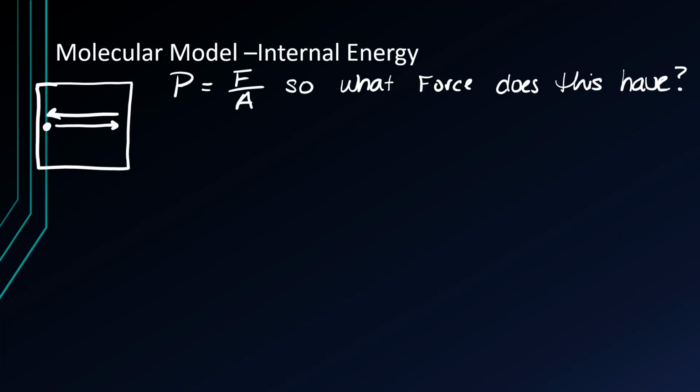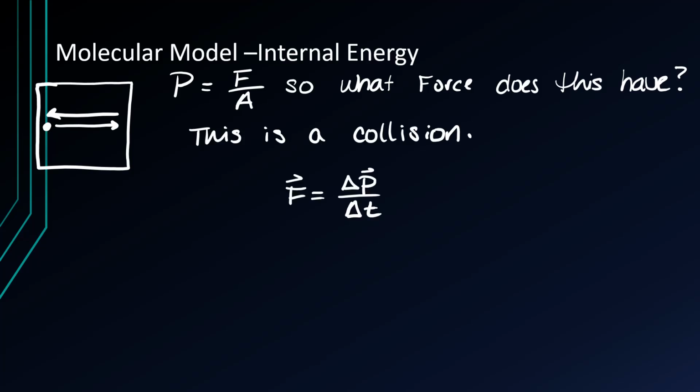So what force does this particle have in the collision? Well, it's a collision, so I can make the statement that force is equal to a change in momentum over a change in time. And then our change in momentum is just equal to mass times a change in velocity, right? So our force is strictly due to this change in velocity over a change in time.